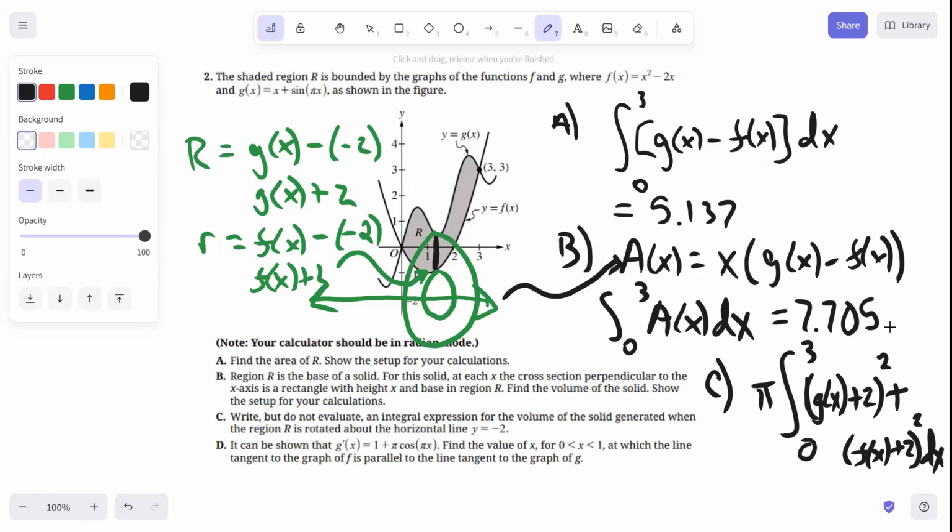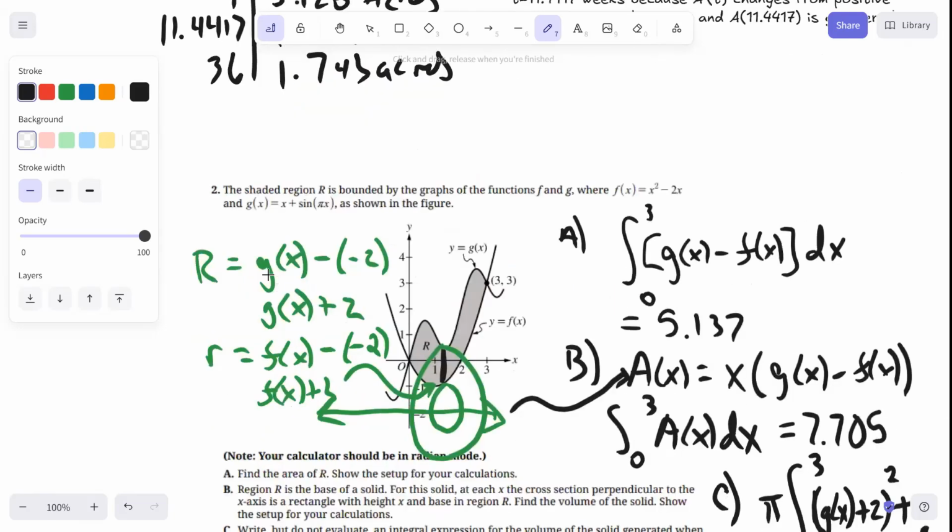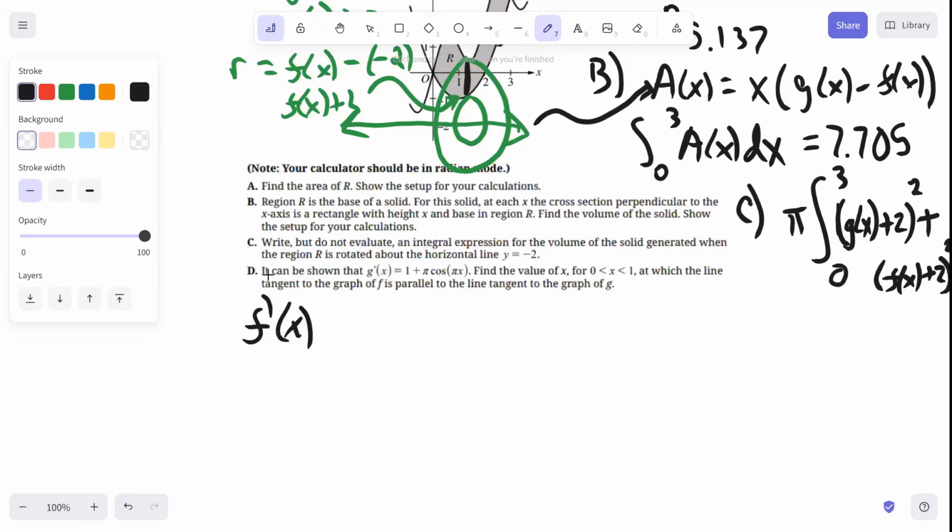Part D, it can be shown that g prime is 1 plus pi cosine pi x. Find the value of x from 0 to 1 at which the line tangent to the graph of f is parallel to the line tangent to the graph of g. So basically what this question is saying, find when the two slopes are parallel. So that's going to occur when f prime equals g prime. So we have to get f prime of x. F is x squared minus 2x, so the derivative would be 2x minus 2.